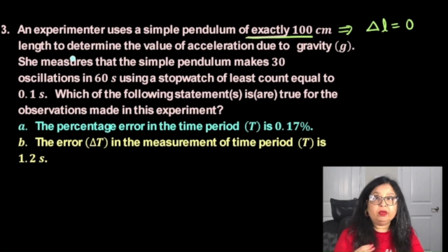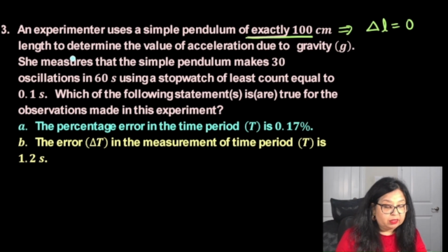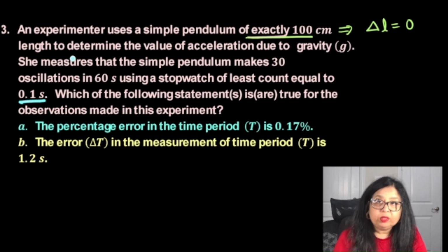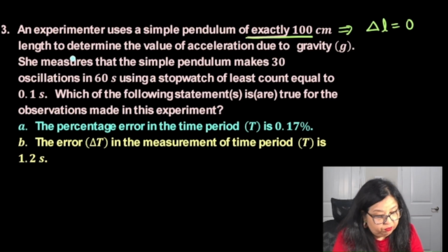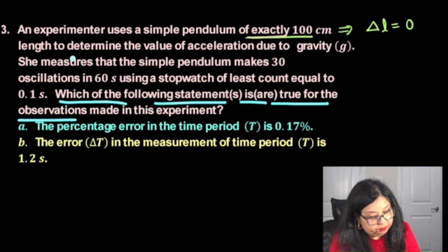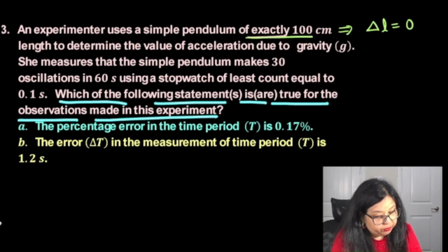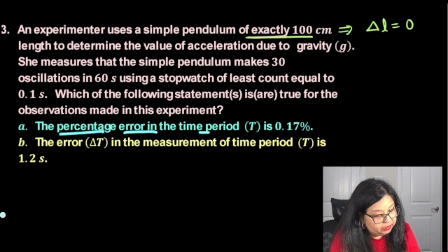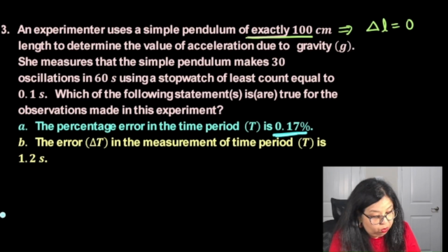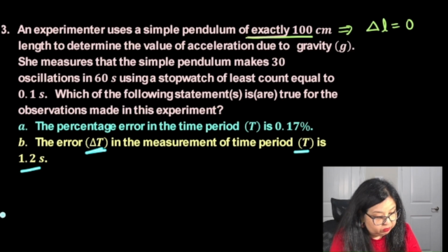In this problem, we have a better, more precise clock. The least count, the uncertainty in the time measured by this stopwatch, is 0.1 seconds. Which of the following statements is or are true for the observations made in this experiment? The percentage error in the time period T.